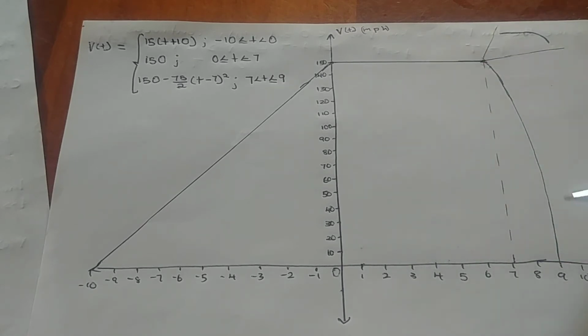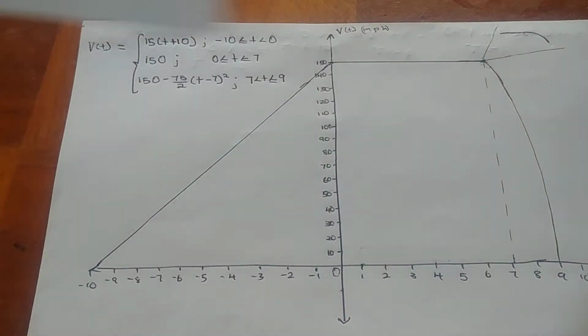That's from the left. From the right, when t gets closer and closer to 7, we can see that v of t gets closer and closer to 150. So both from the left and the right have the same limit, so that means the limit exists.